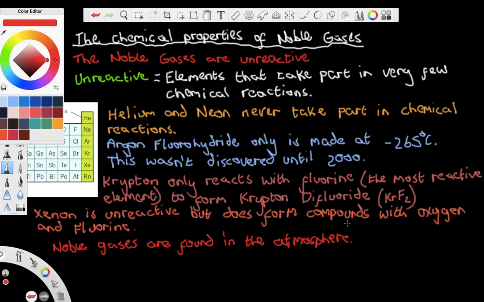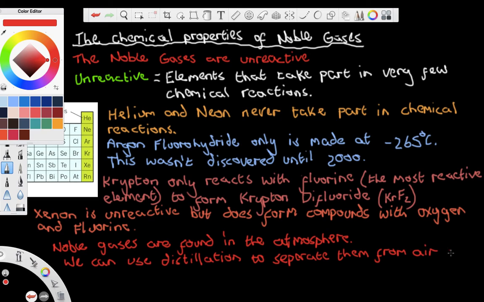We can use distillation to separate them from the air for use.